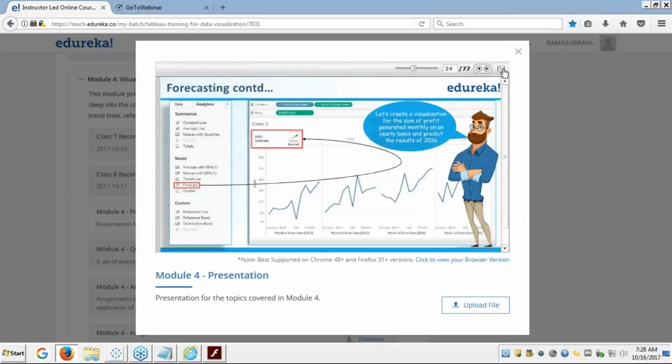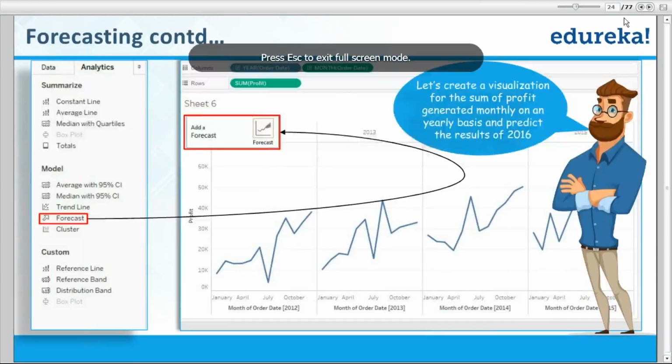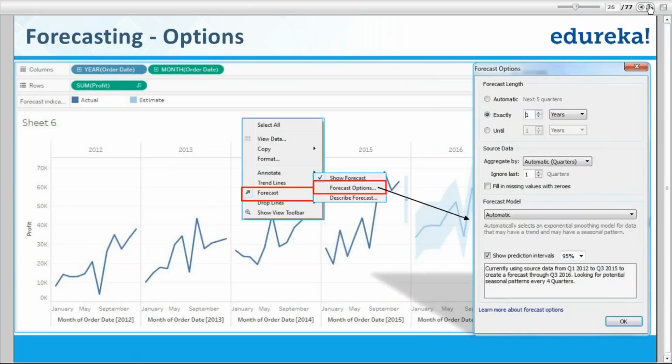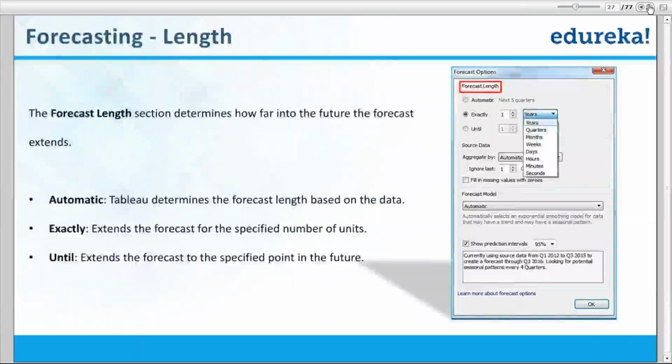So what we have seen till now is how to add a forecast, the estimated forecast results, how this is looking, and what the actual results are. We also saw the forecast options available, where we can set the forecast length, how long you want the forecast: automatic, exact, and until.